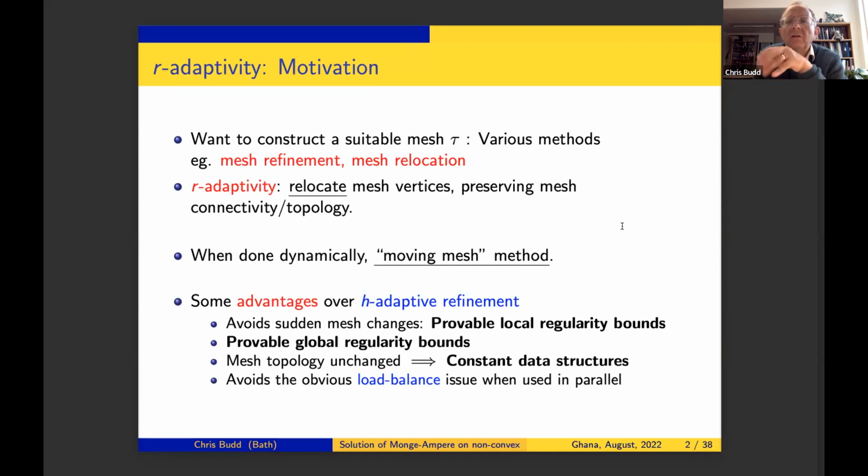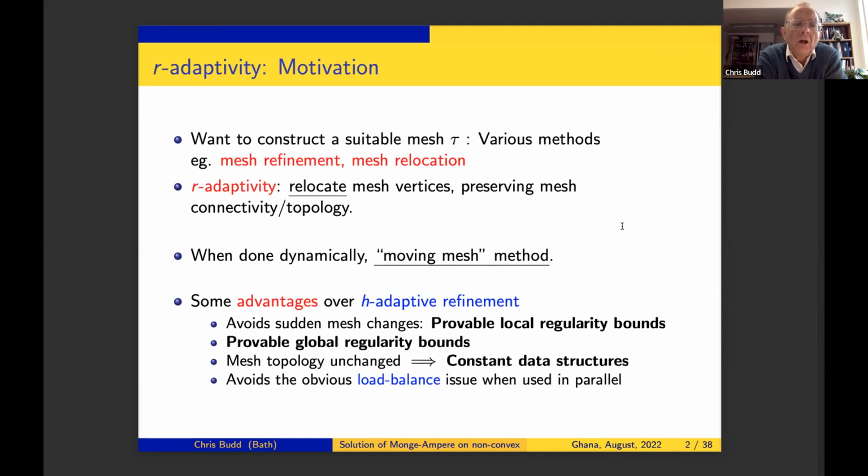One key way it differs from h-adaptivity is that if you move points around, you typically keep the number of points in the mesh fixed, and the connectivity fixed. Now, if your PDE is a parabolic or hyperbolic PDE where you have some notion of time evolution, then typically the mesh will move as the solution evolves, and that's why these methods are often called moving mesh methods.